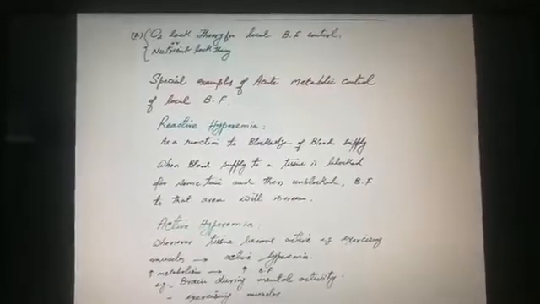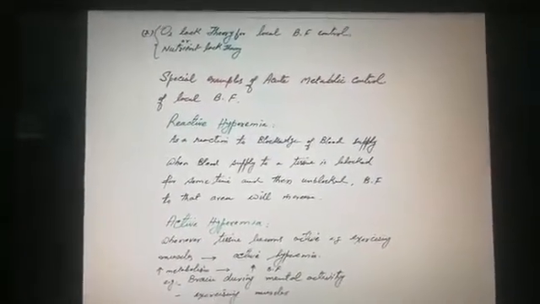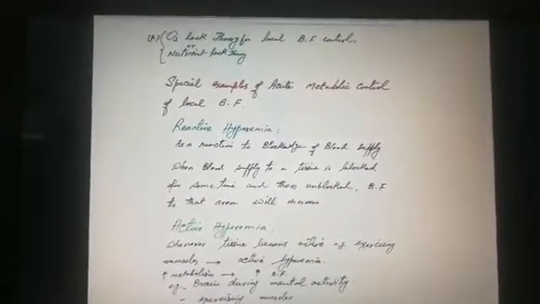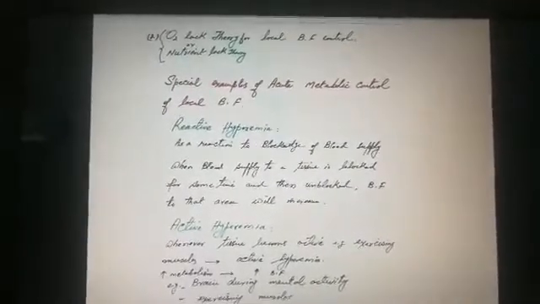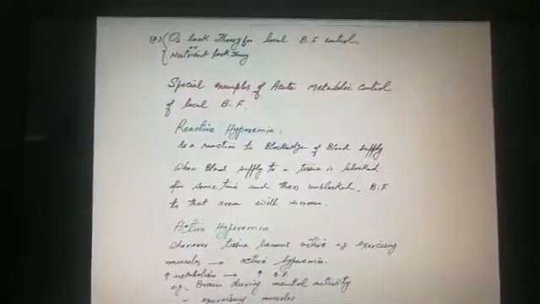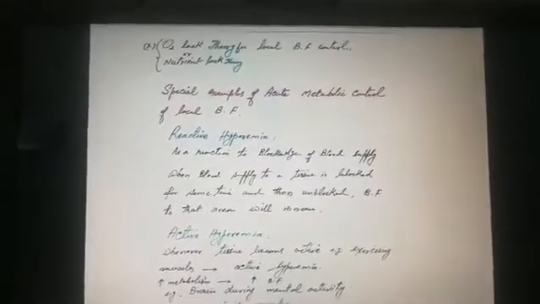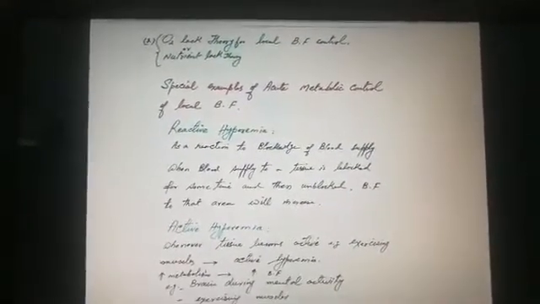In vasodilator theory, the vasodilator substances play their role in vasodilation, while in oxygen lack theory or nutrient lack theory, the lack of oxygen, the ischemia, plays its role in the vasodilation. So these two theories result in vasodilation.